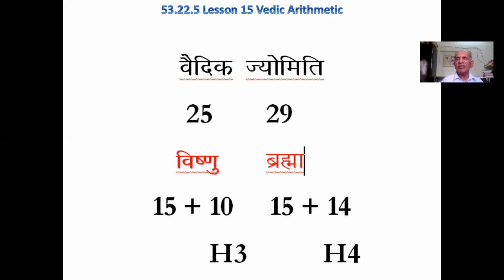However, the Jyomiti is a formulation 29, which is the TC value of Brahma, creator, the supreme, the presiding deity of a 4 space. So it is a domain of a spatial order. So there is going to be a transition from linear geometry to the spatial geometry. Linear geometry is Rekhaganit, while spatial geometry is Jyomiti.